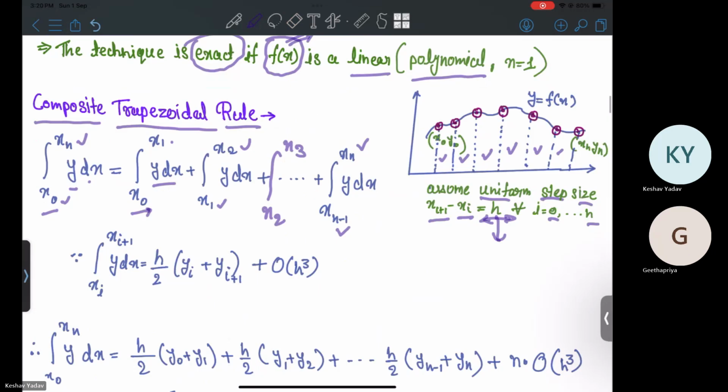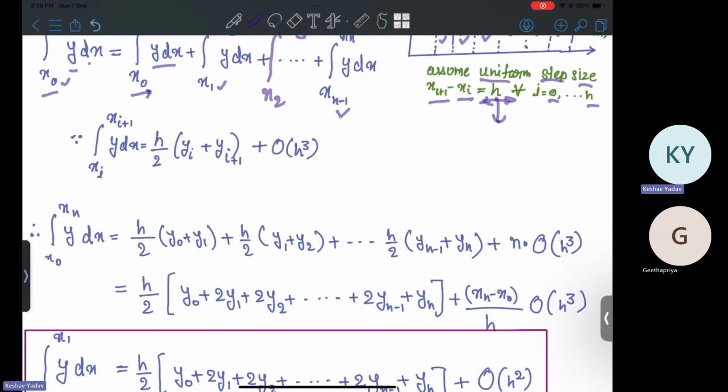Using the trapezoidal rule, the integral of y dx from xi to x(i+1) gives me h by 2 (yi plus y(i+1)) plus some order of h cube.